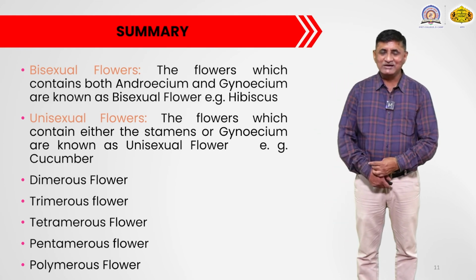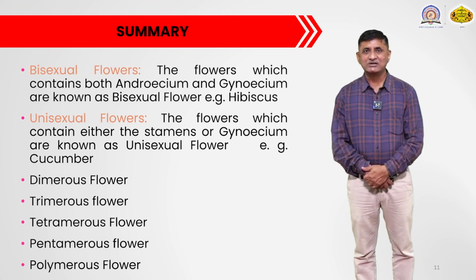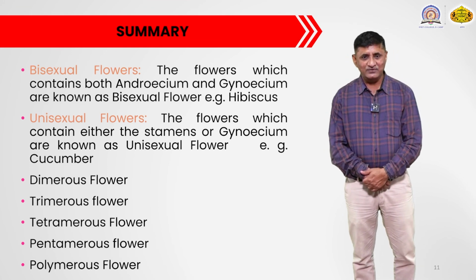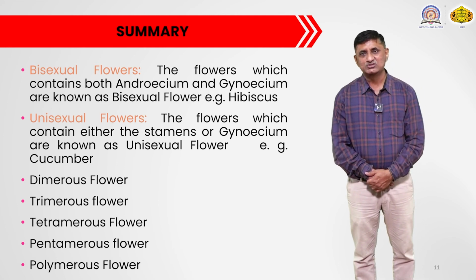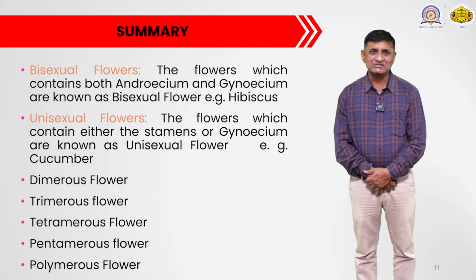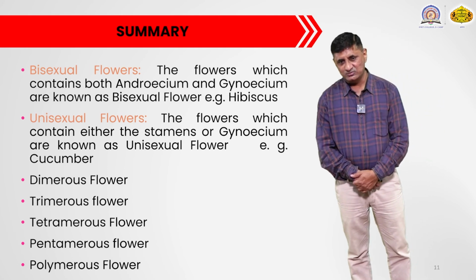Now we learned in today's video about sexuality in the flower, insertion of floral whorl, and merosity of flower. We will revise all these points in the summary of this video.